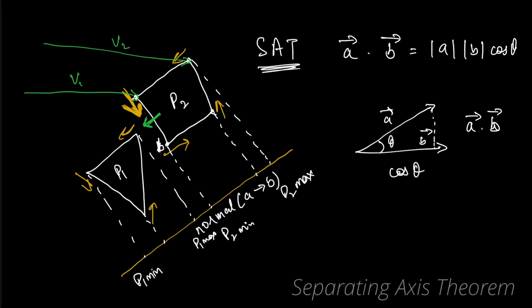I'll also go over the high-level summary next time when we do the code implementation. Surprisingly, the code for SAT is actually pretty minimal. I would say it's even simpler to understand than the point in polygon collision.